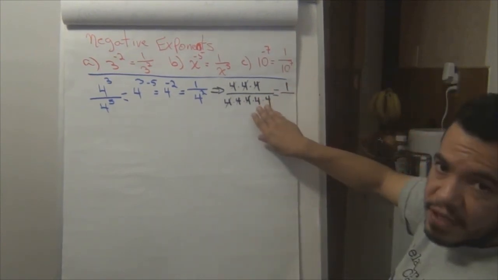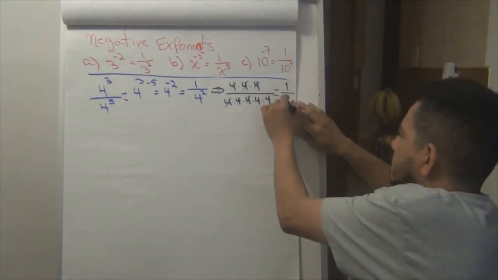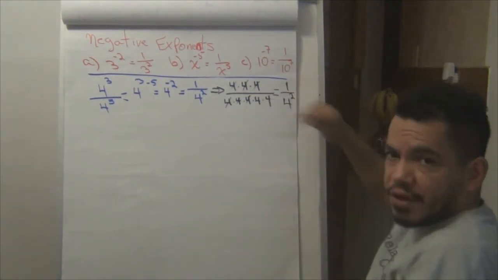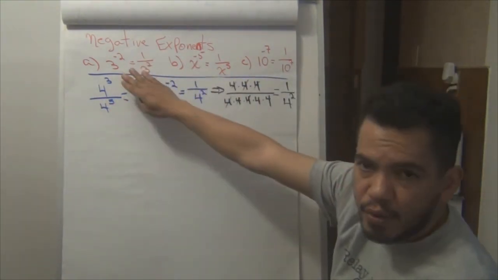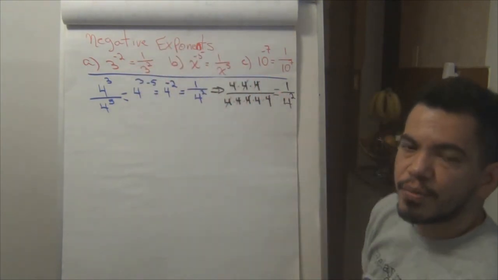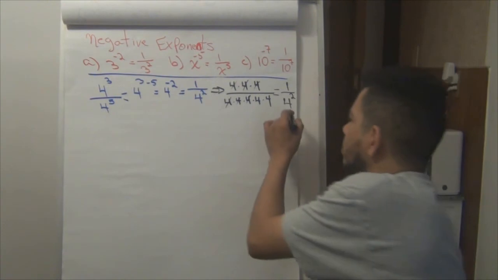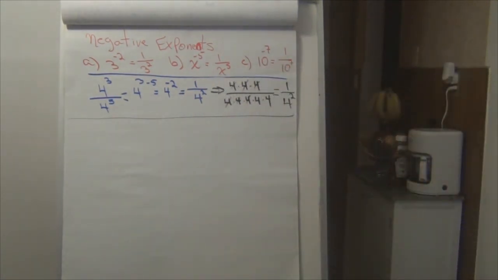And what do I have left in the bottom? 4 times 4, which is 4 squared. Thus, I have proven that a negative exponent is the same thing as the reciprocal, but to the positive exponent. Cool? Alright, so let us start doing some problems, I hope.